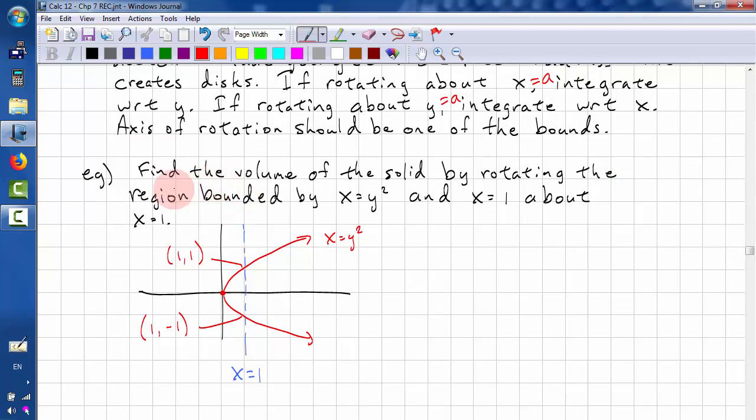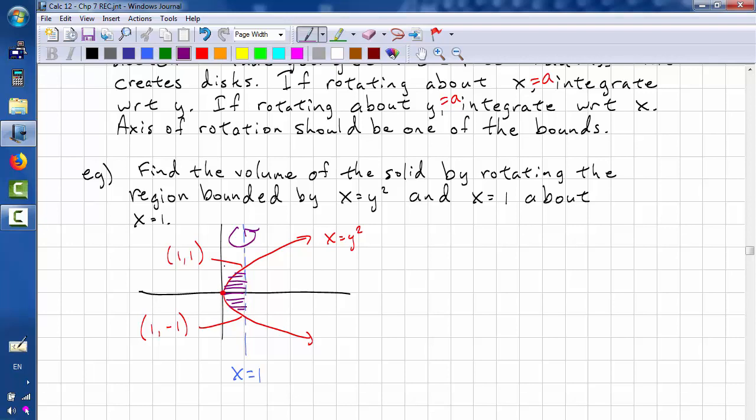Okay, here's an example. Find the volume of a solid by rotating the region bounded by x equals y squared and x equals 1 about the line x equals 1. So here we have x equals 1. We're rotating in this direction, and we get slices. And when we rotate them, these become discs.